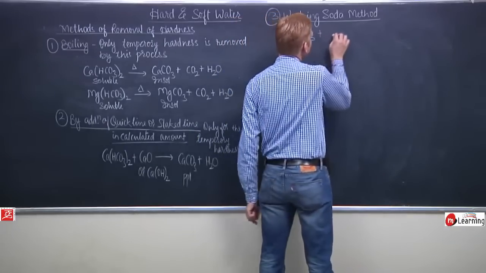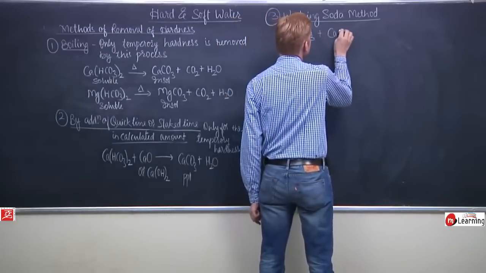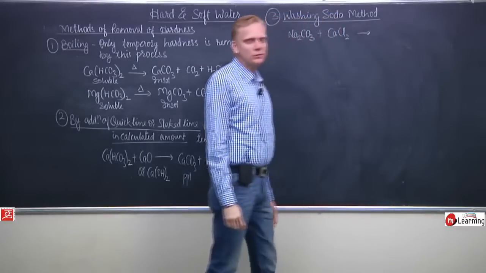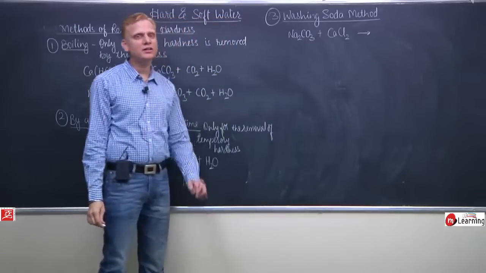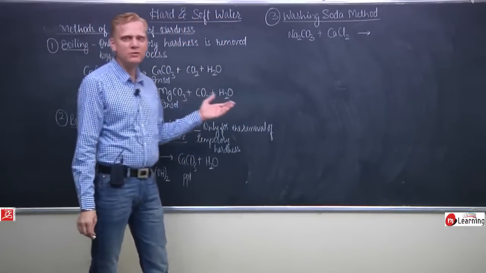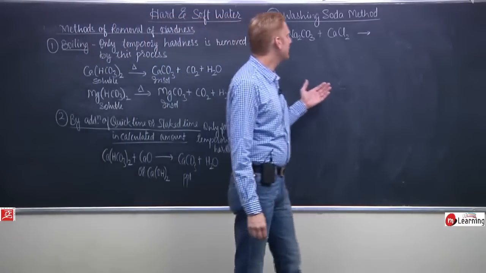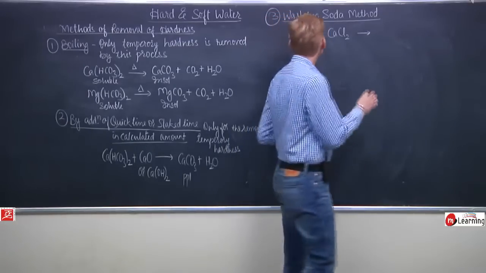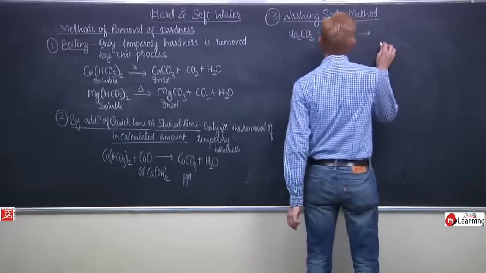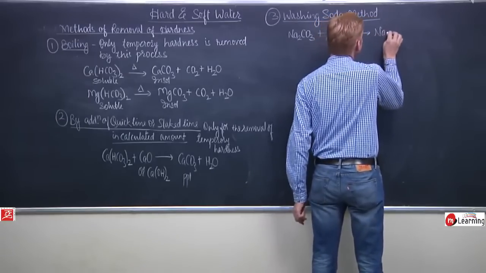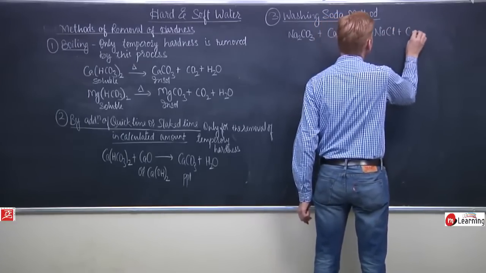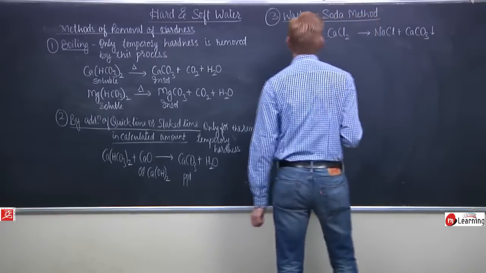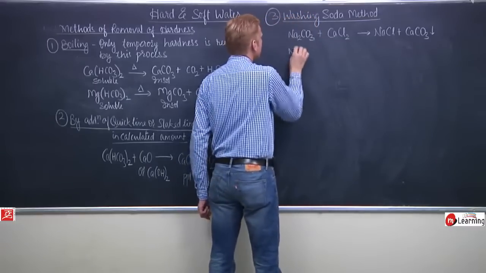This is a water soluble compound, but when any of the calcium or magnesium compound in the form of chloride or sulfate, because we have 4 compounds here left which are permanent hardness causing agents. So I have selected calcium chloride. Due to the double displacement reaction, this calcium carbonate is precipitated.